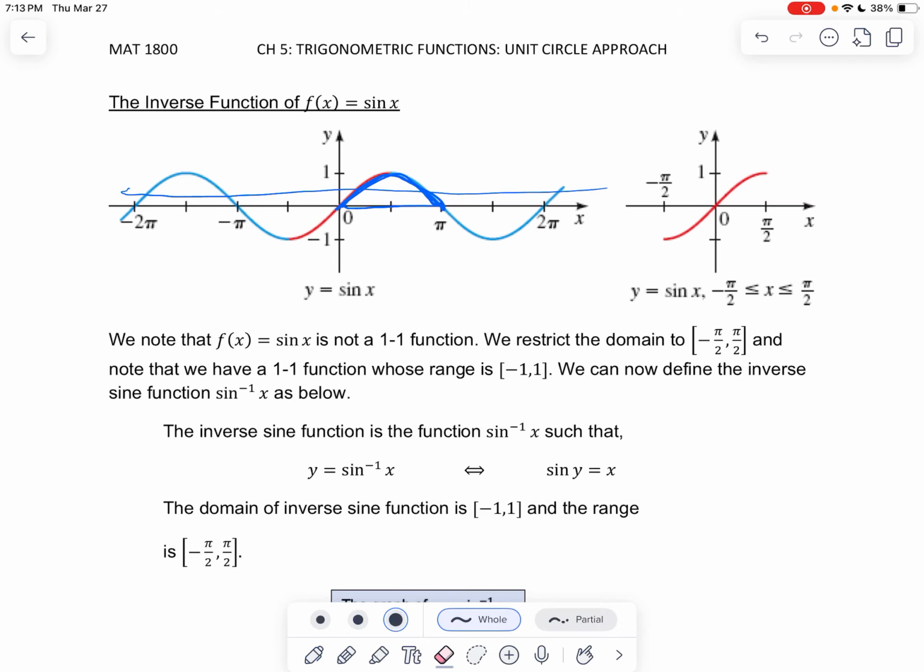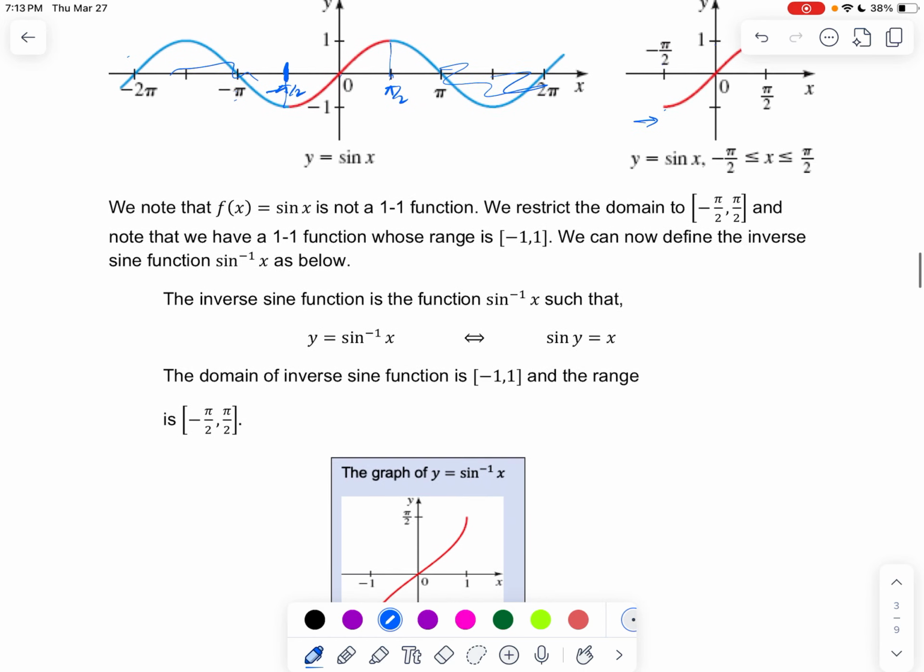So if we restrict the domain between -pi/2 and pi/2, and discard the rest of the piece, this piece is one-to-one, and it is going from -1 to +1.